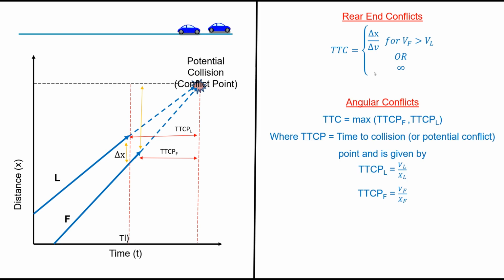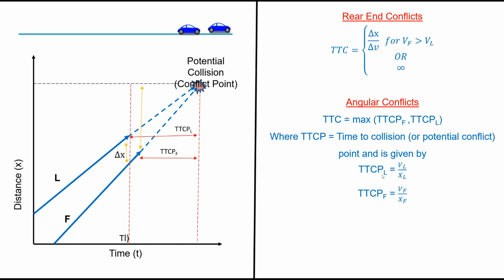But in case of angular conflict, maybe at an intersection or when two streams merge together, then time to collision will be the maximum of these two values: time to collision of the following vehicle and time to collision of the leading vehicle.